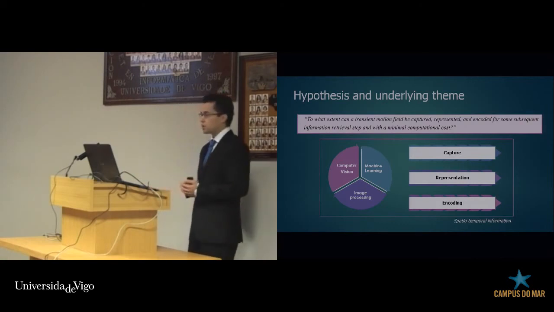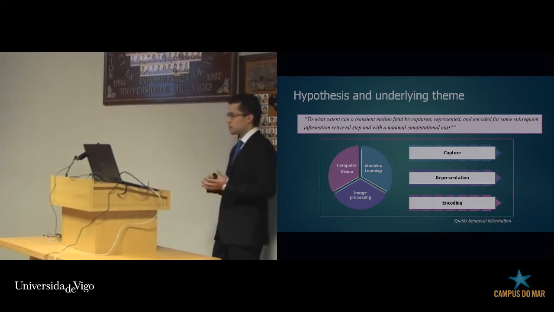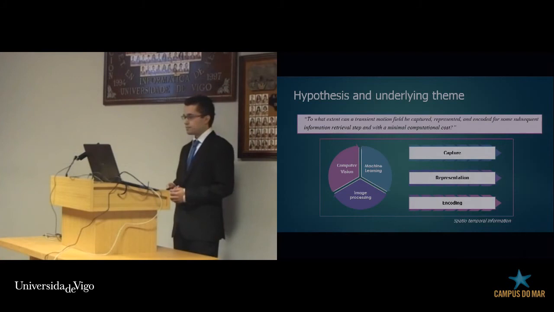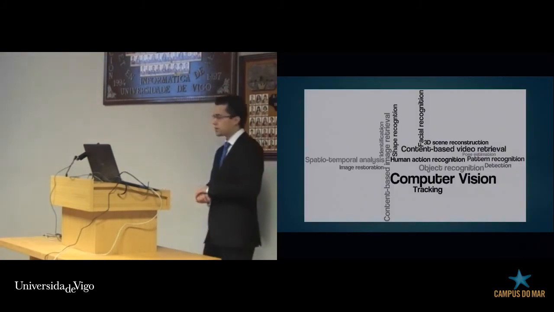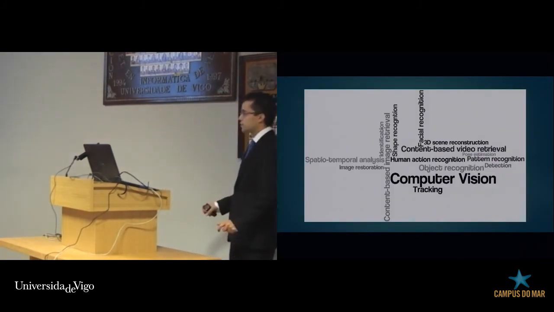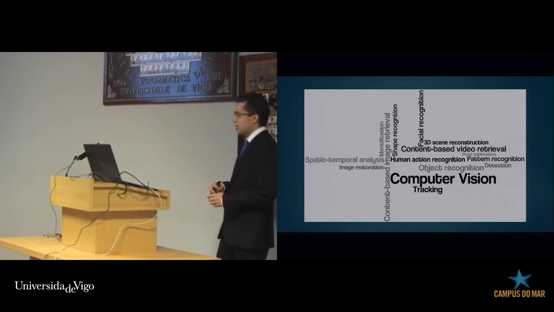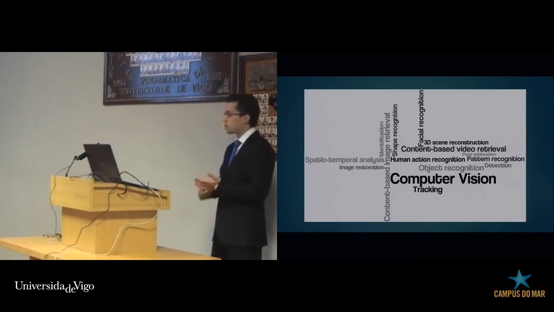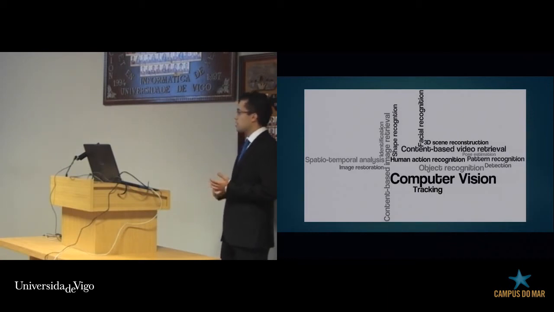For that, we need to touch different fields. It's computer vision, because we need pattern recognition; machine learning, because we need to do classification; and of course, image processing. Computer vision is a very wide field that includes a lot of different tasks or small areas, like 3D scene reconstruction, facial recognition, object recognition, tracking, and motion analysis, for example.